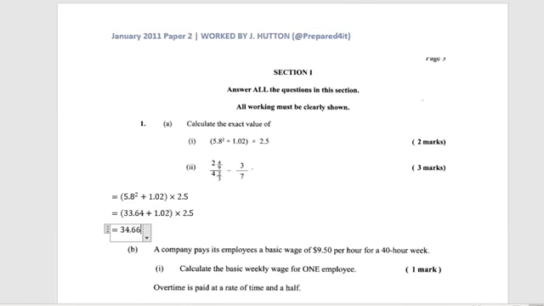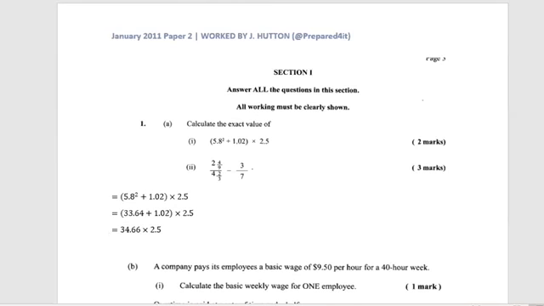It is 34.66 that I am multiplying by 2.5. Now, should you put in your calculator 34.66 multiplied by 2.5, what you will get is 86.65. And this is our answer in its exact form.